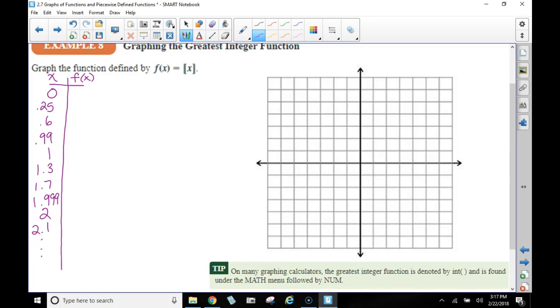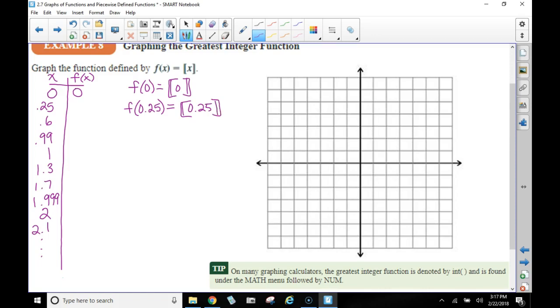All right. So here, f evaluated at 0 is going to be the greatest integer of 0. That is going to be the greatest integer that's less than or equal to 0. 0 is an integer, so the greatest integer of 0 is 0. Okay? What about the function evaluated at 0.25? We're asked to calculate the greatest integer of 0.25.